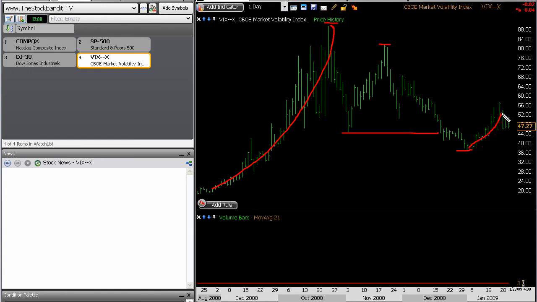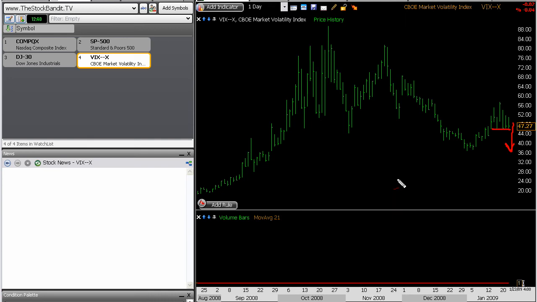Now recently it has seen another spike up here, and that's of course a lower high, but right now it looks like it's trying to roll over here. And if we can see this index undercut about the 45 area and really close under it and start to head south, then we may come back down into more normal levels of volatility.